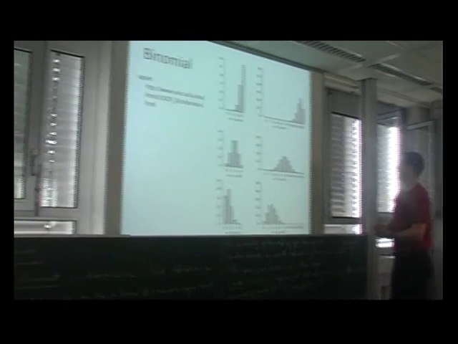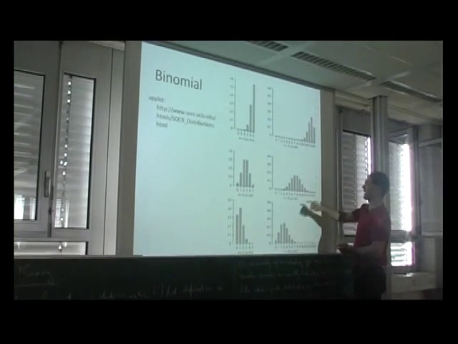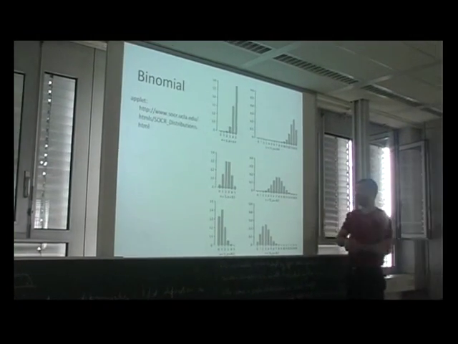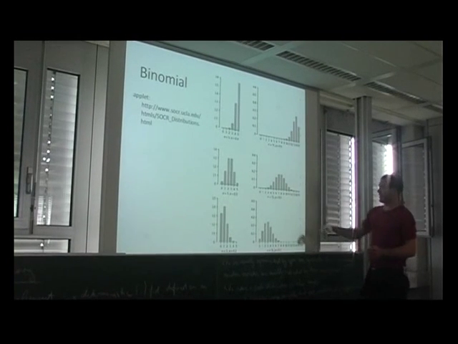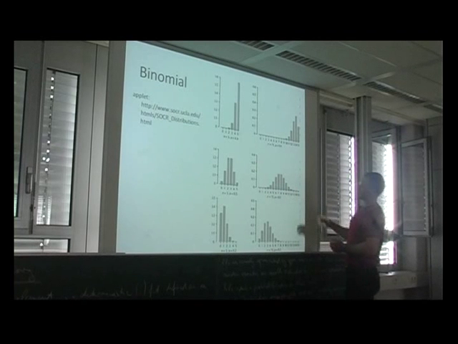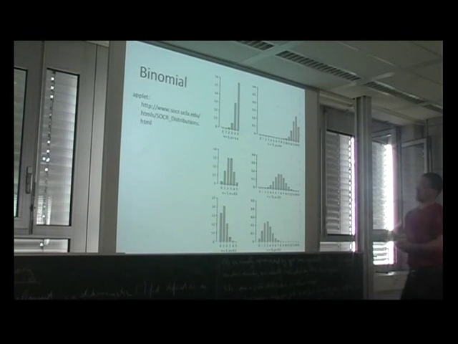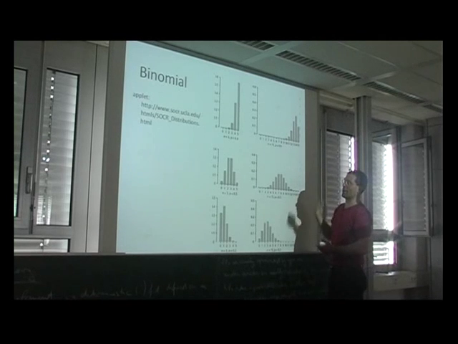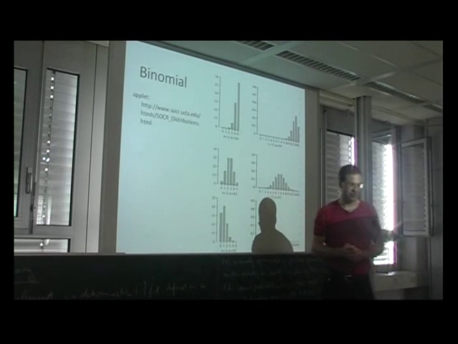So you see we have 2 parameters, the number of trials and the probability of success. And if the probability of success is somewhere around 1/2, this looks pretty much Gaussian. But then if you get more extreme probabilities of success, you get asymmetric distributions.